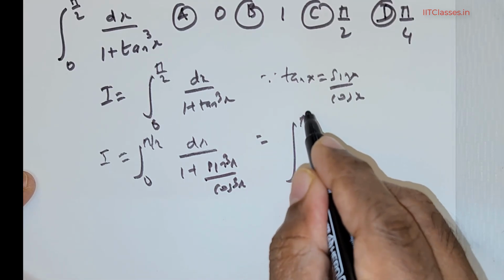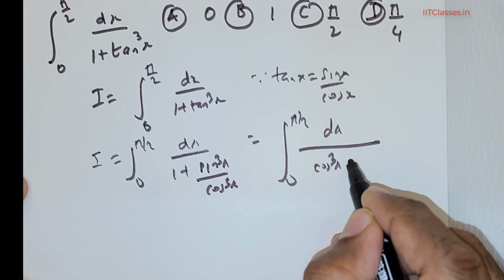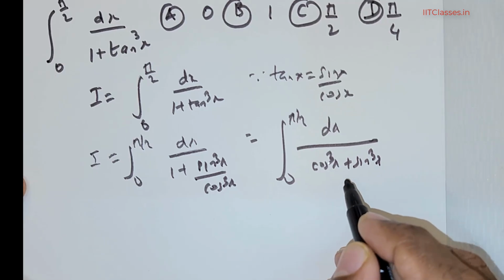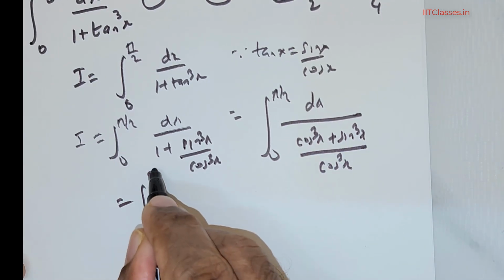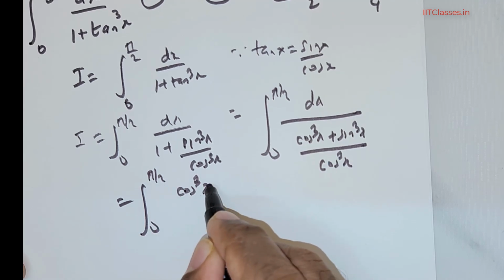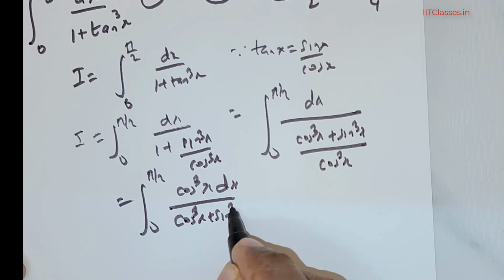This can be rewritten as the integral from 0 to pi over 2 of dx over (cos cubed x plus sin cubed x) divided by cos cubed x, which is the integral from 0 to pi over 2 of cos cubed x dx over cos cubed x plus sin cubed x.